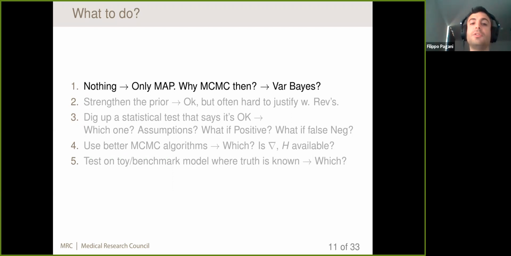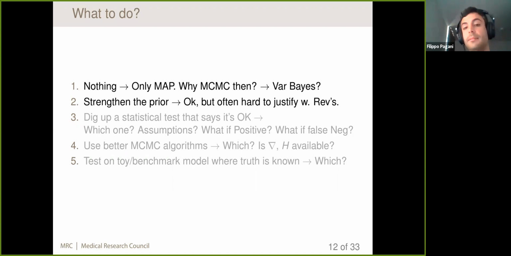The second thing you could do is strengthen the prior. A stronger prior puts more weight on one configuration of the model rather than the other, and gets rid of the curved structure, basically, or ameliorates it in some way.